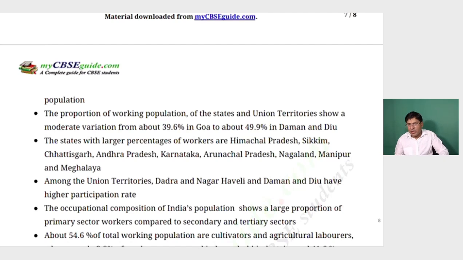If we talk about the states, the states with the largest percentage of workers are Himachal Pradesh, Sikkim, Chhattisgarh, Andhra Pradesh, Karnataka, Arunachal Pradesh, Nagaland, Manipur, and Meghalaya.